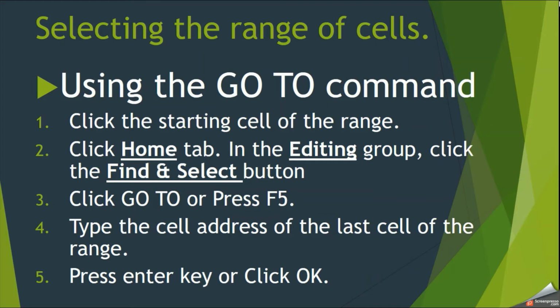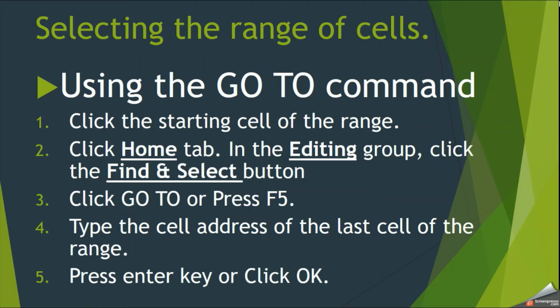And then the second point, click the Home tab. In the Editing group, click the Find and Select button, and then click Go To, or directly we can press the F5 function key, and then type the address of the last cell in the range, and then press the Enter key.